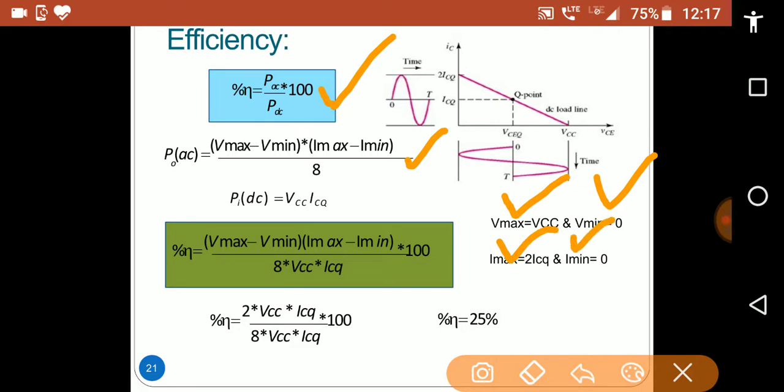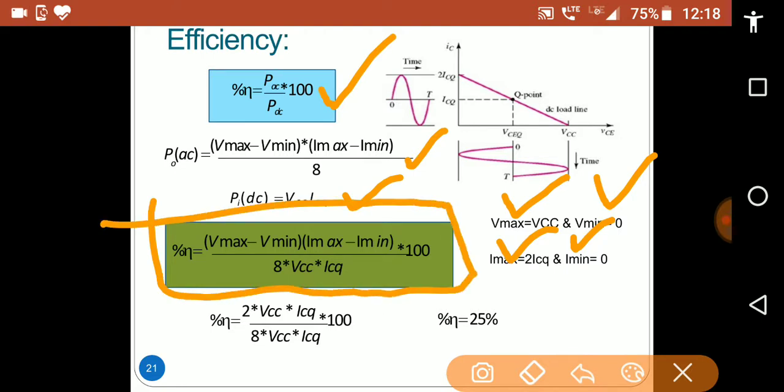PIDC, the input DC power, equals VCC into ICQ, which we have already derived. Putting the values of Vmax, Vmin, Imax and Imin, percentage efficiency equal to 2 VCC into ICQ divided by 8 VCC into ICQ multiplied by 100.